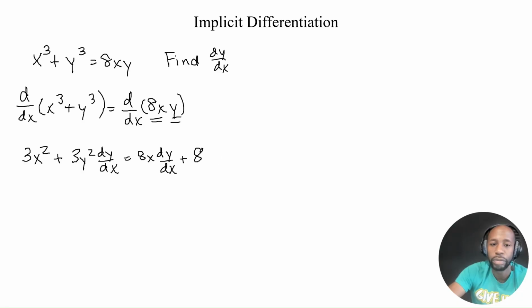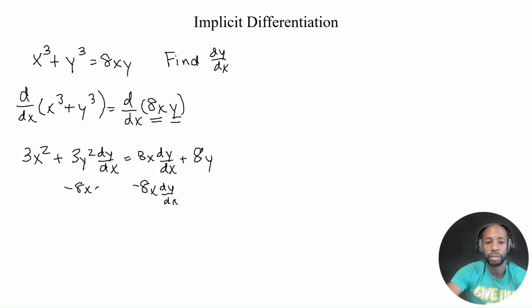Now, I'm going to move some things around so that I can have all my dy/dx's on one side and everything else on the other side. So we're going to subtract 8x dy/dx from both sides, and I'm going to move 3x squared to the other side.